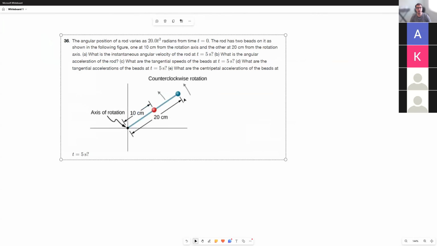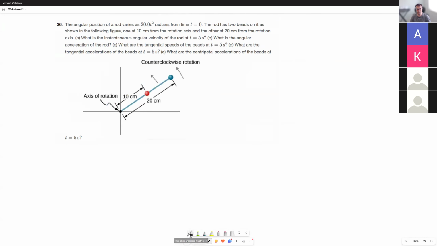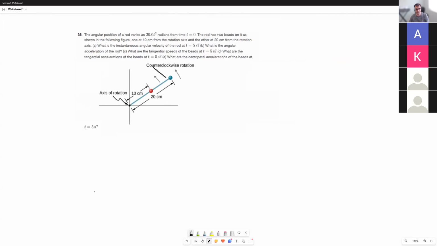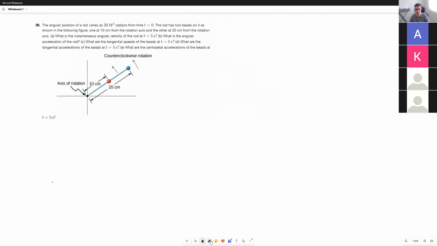Let's go over it. The angular position of the rod varies as 20 t squared. So that 20 t squared is what, guys?